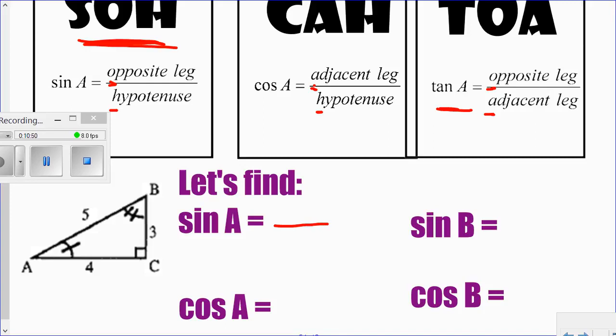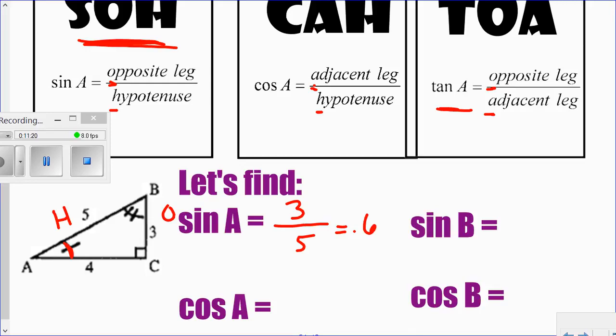And I'm going to look at angle A. So I'm looking at angle A and I'm going opposite of angle A. So opposite of angle A is 3. And then in the denominator belongs the hypotenuse, and we know that the hypotenuse is 5. So I'm going to go ahead and put the 5 in the denominator. So sine of A is equal to 3/5, or 0.6.